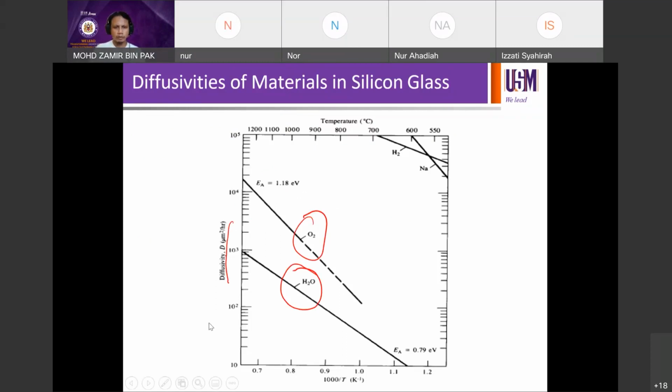That's the difference between these two. You still have to look at the temperature, and then you can invert that as 1000 over T as well.